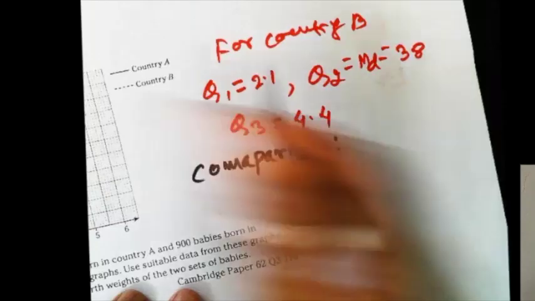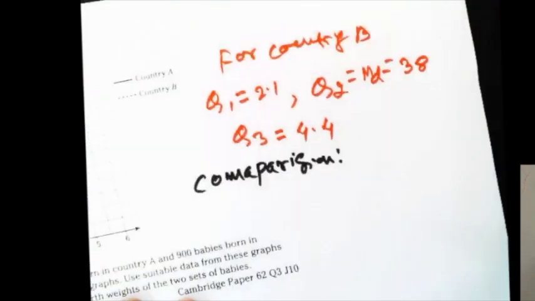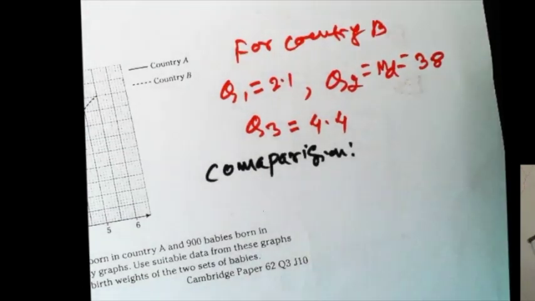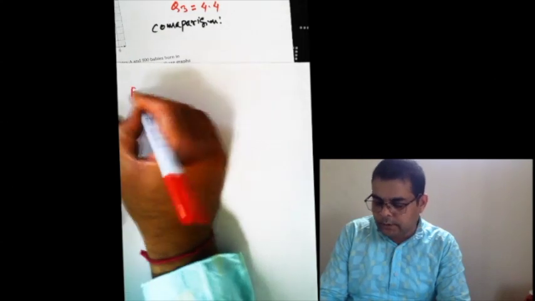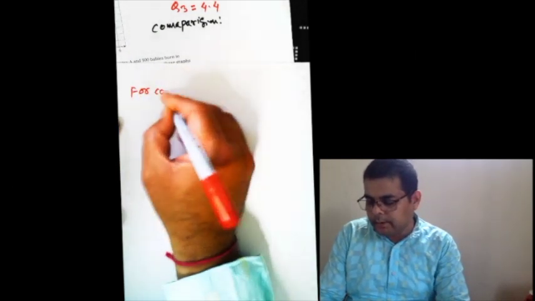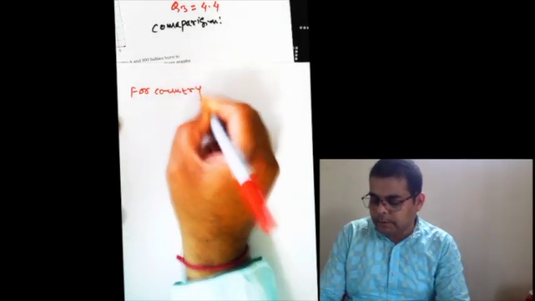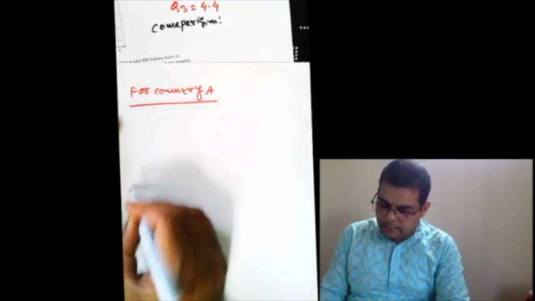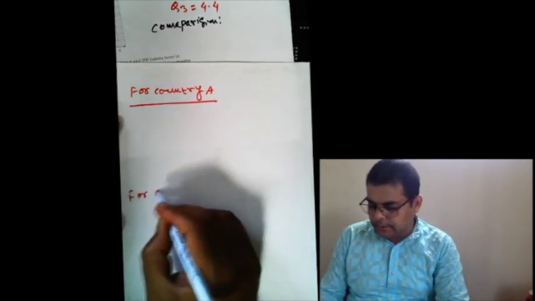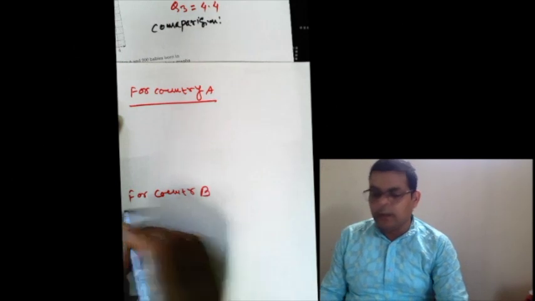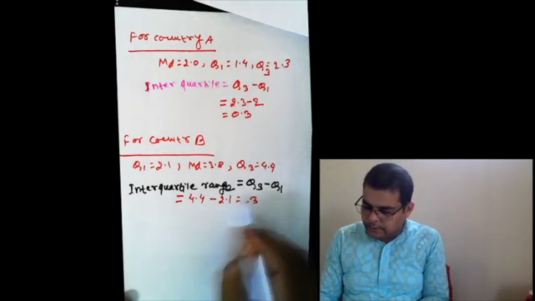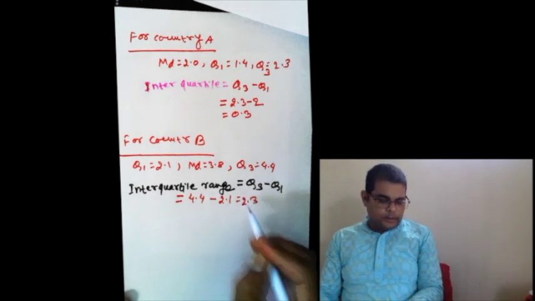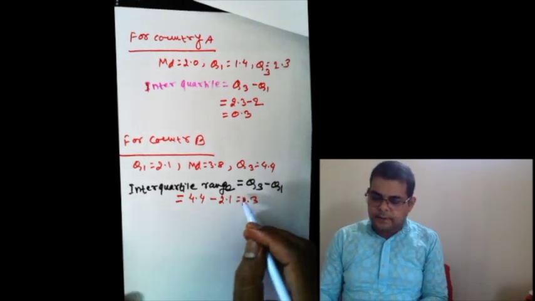So comparison means better if you copy out all these things together. So let me copy out here the same information for country A and for country B. So it's going to be 4.4 minus 2.1, so this difference is 2.3.